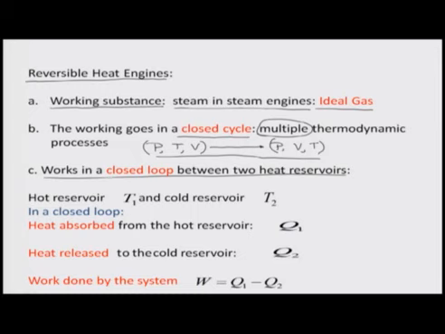One is hot, which is at temperature T1, another is cold, which is at temperature T2. So, I write T1 greater than T2. This working substance will work in a cycle between these two heat reservoirs with temperatures T1 and T2.